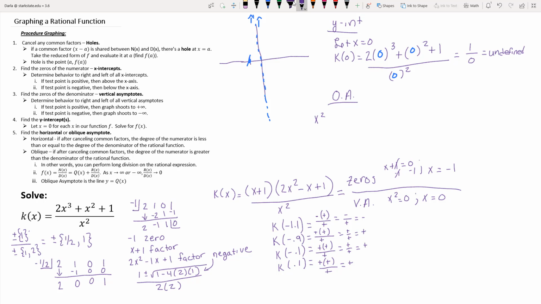So I need to take x squared, the denominator, and divide it into my numerator, which is 2x cubed plus x squared plus 0x plus 1. Account for that missing term with a 0 coefficient. 2 times x is the number of times x squared goes into 2x cubed, so it goes in 2x times. 2x times x squared is 2x cubed.